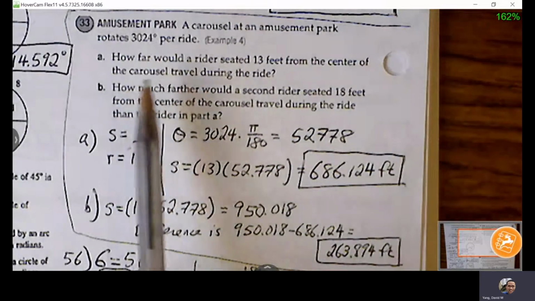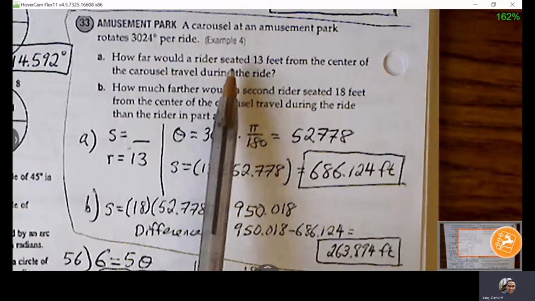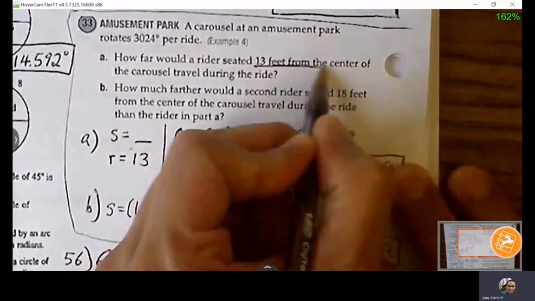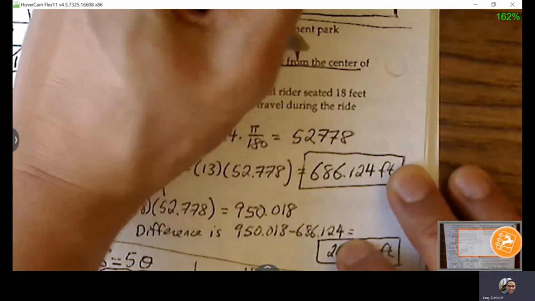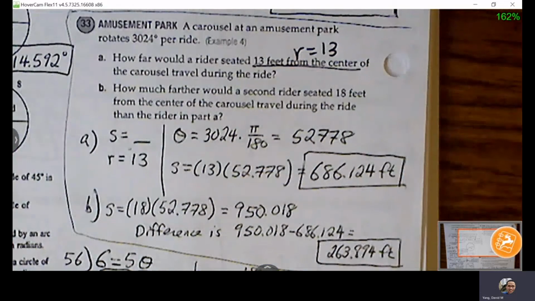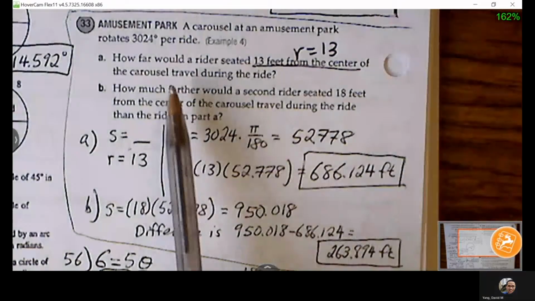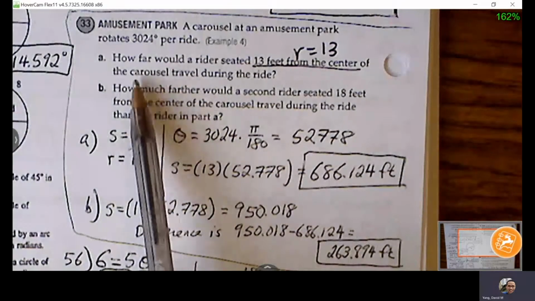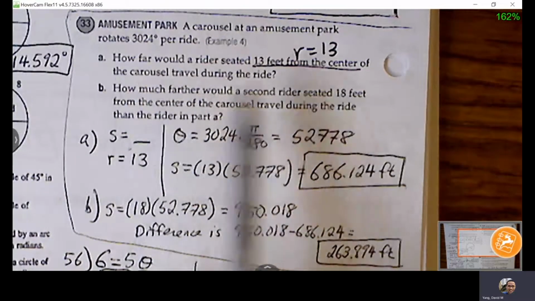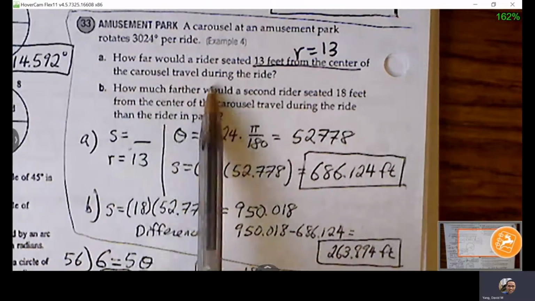Part A, how far would a rider seated 13 feet from the center travel? We have to understand that 13 feet from the center is talking about the radius, the distance from the center of the circle to the outer part of the circle. How far would the rider travel along that circular path? So we're trying to find arc length.